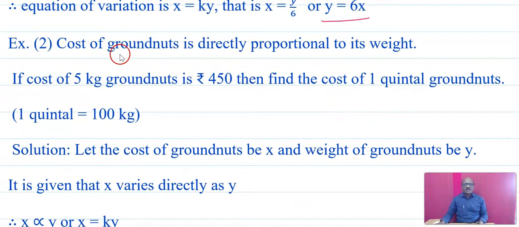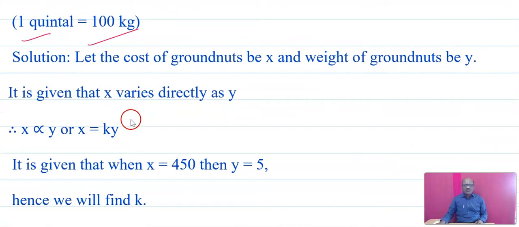Now the next example. The cost of groundnuts is directly proportional to its weight. If the cost of 5 kg groundnuts is rupees 450, then find the cost of 1 quintal of groundnuts. One more thing: 1 quintal means 100 kilograms. Now the solution.